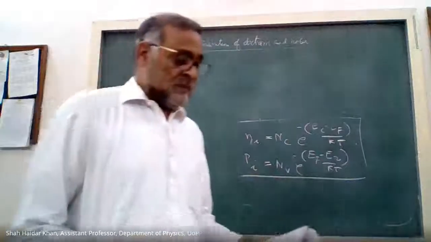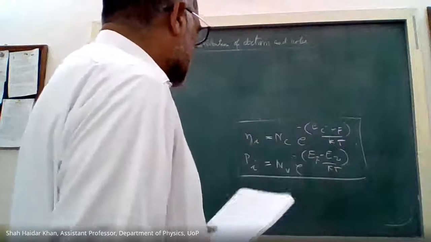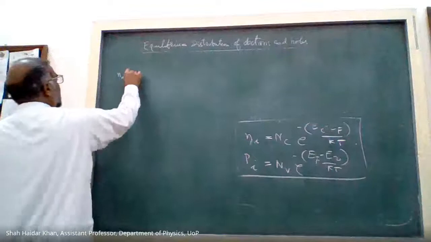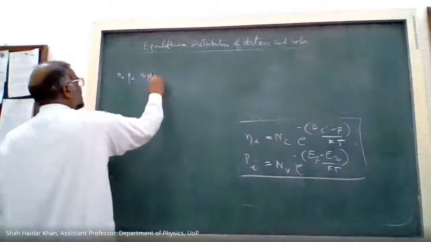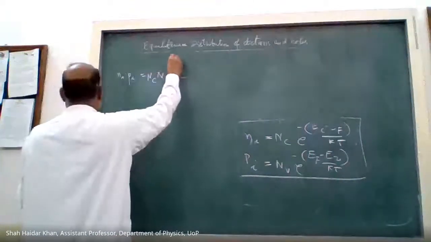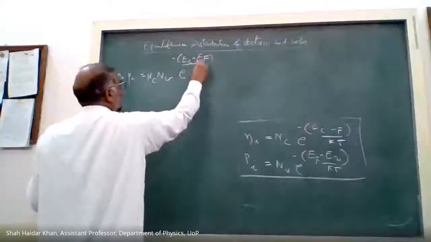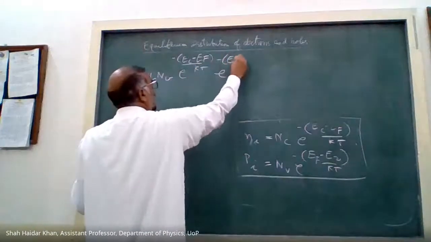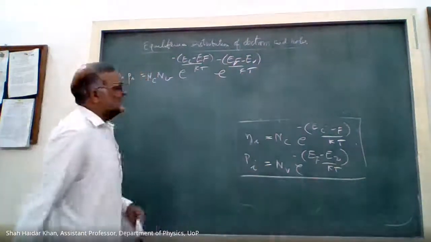Now, if we multiply these two equations, we get Ni Pi is equal to NC into NV e to the power minus EC minus EF divided by KT, e to the power minus EF minus EV divided by KT.